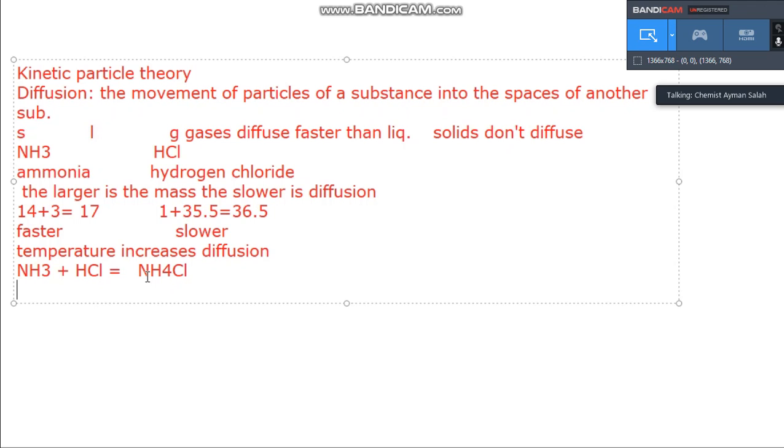So the ammonium chloride formed will be nearer to HCl than to NH3, because HCl is slower than NH3.